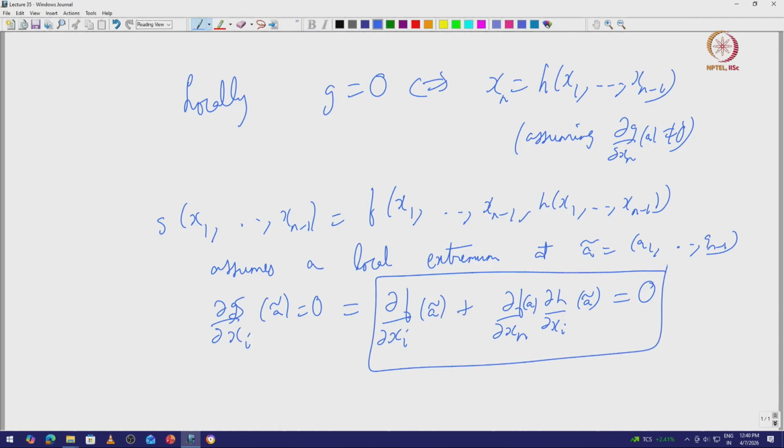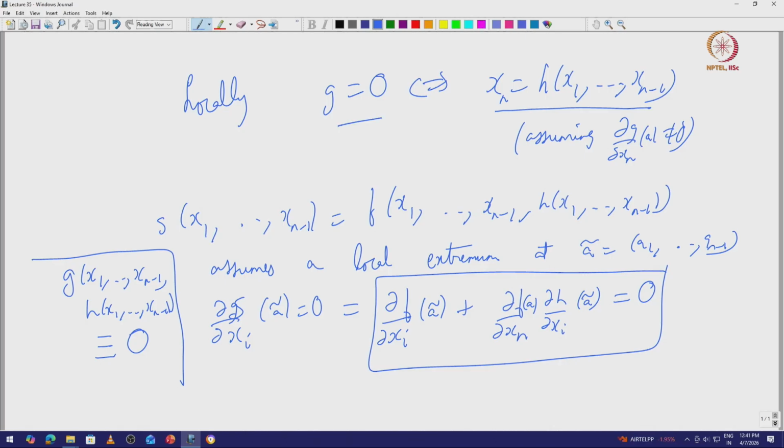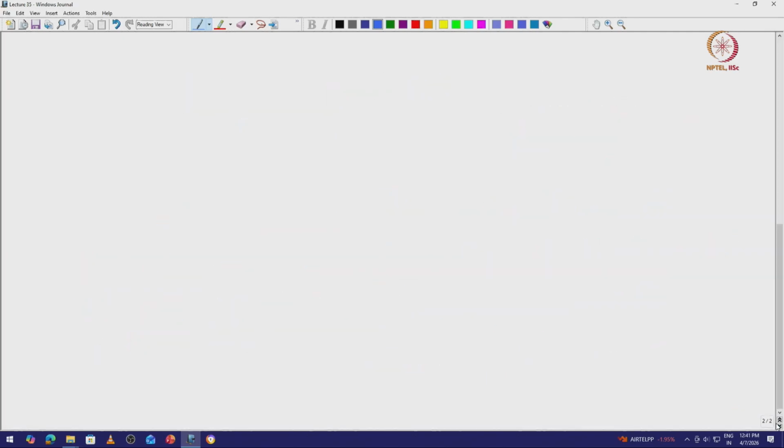Now what else can we say? We can also say that g of x1 to xn minus 1, comma h of x1 to xn minus 1, is identically 0. Why? Because if xn is equal to this, then g is identically 0. That's how h is defined. So as a consequence, if you differentiate a function that is identically 0, then the derivative will also be 0, and by the chain rule the same principle holds.